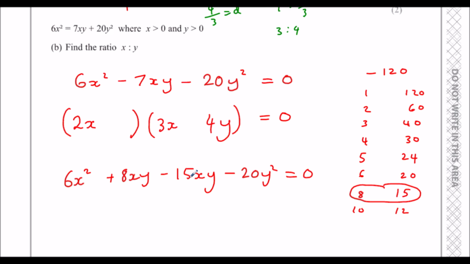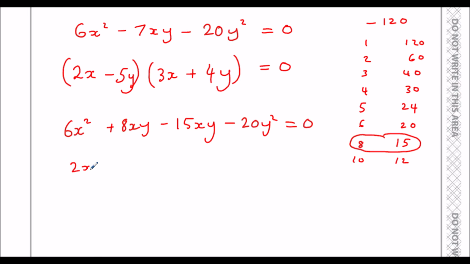Then we've got minus 15xy, so it must be negative 5y times 3x for negative 15xy. And then we've got negative 20y squared, so negative 5 times a positive 4 will give me a negative 20. So I've got 2x minus 5y and 3x plus 4y as my two brackets.